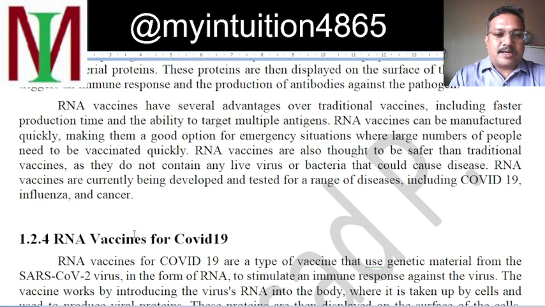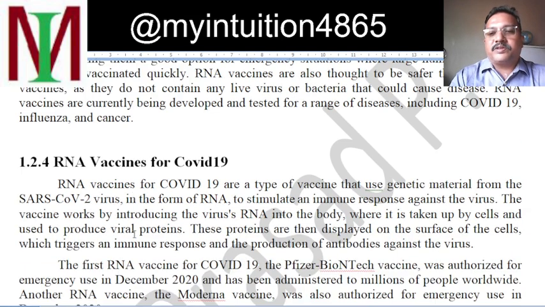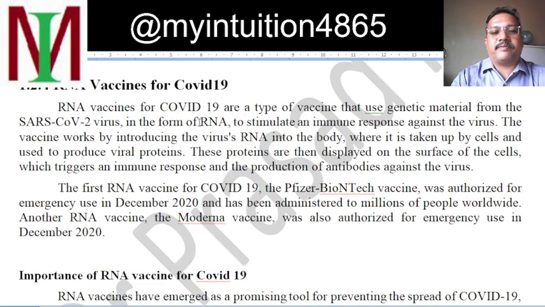RNA vaccines are currently being developed and tested for a range of diseases including COVID-19, influenza, and cancer. Okay, so as a side heading in your syllabus, importance is given for COVID-19. To control COVID-19, initially we used RNA vaccines only.